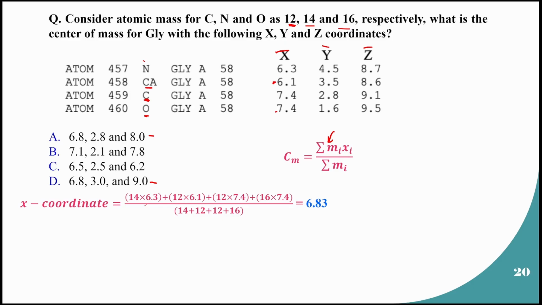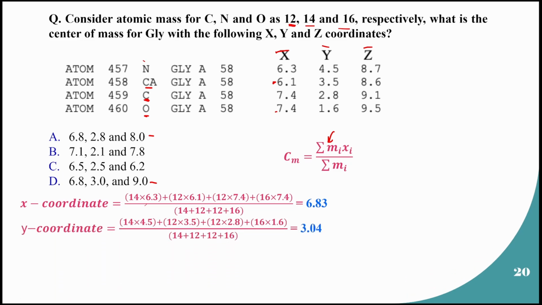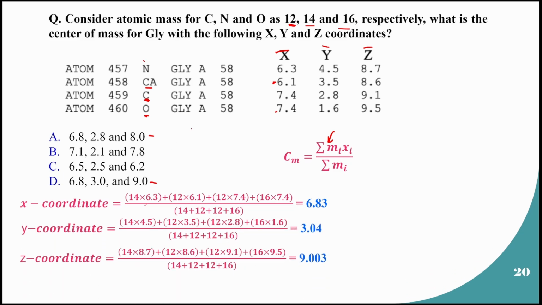So for y value also, let's say, I'll just show you the answer. What you have to do is that you have to only focus on the y coordinates, of course. So the first one is the nitrogen. So that means that you do 14 multiplied by 4.5.